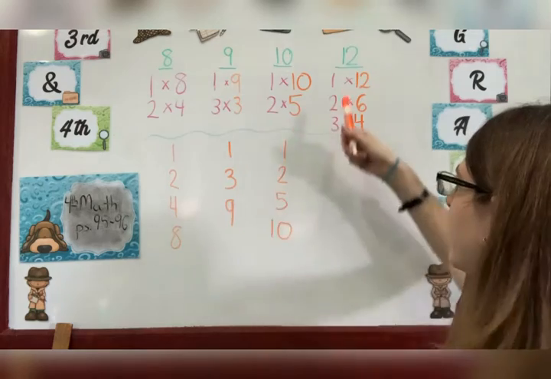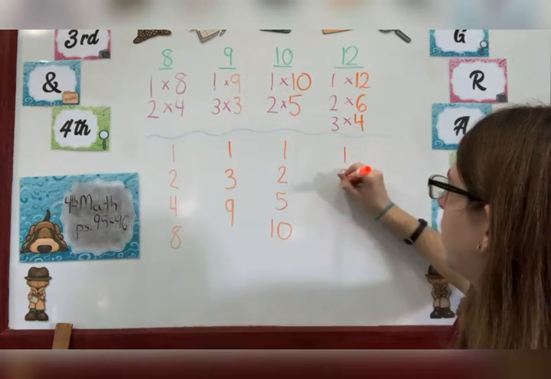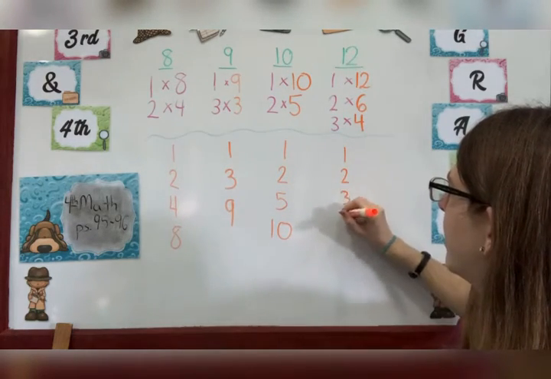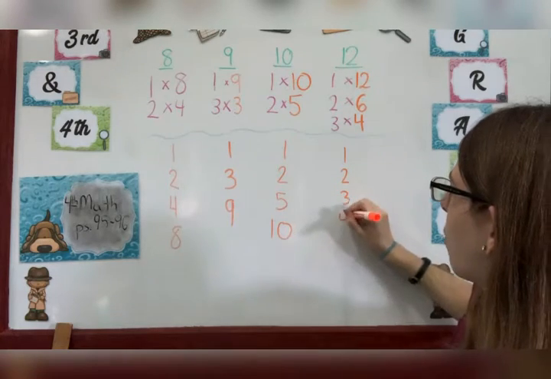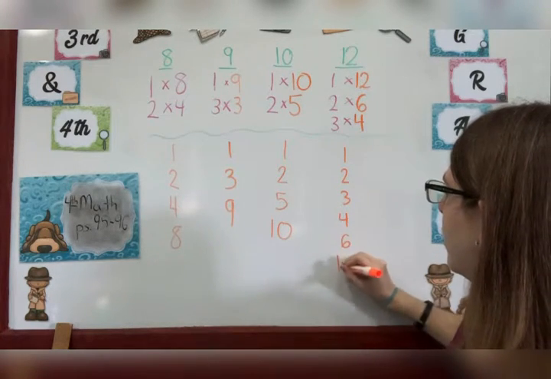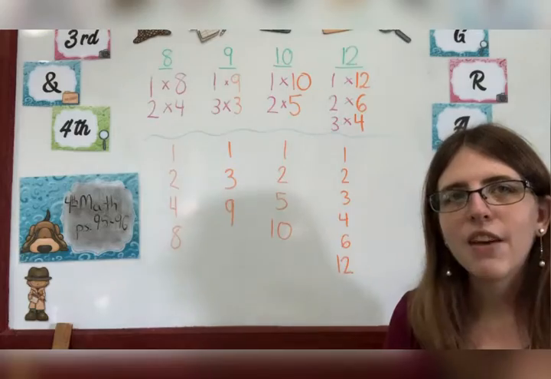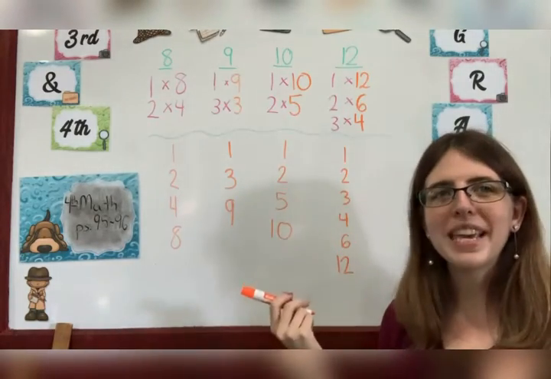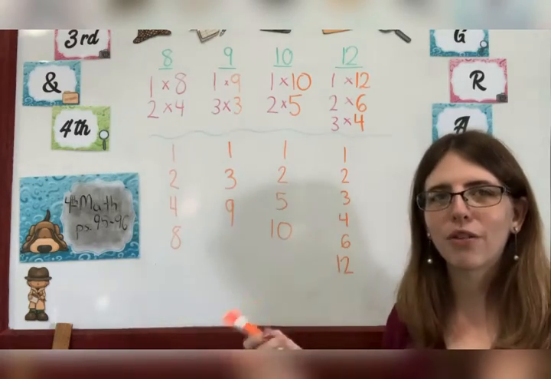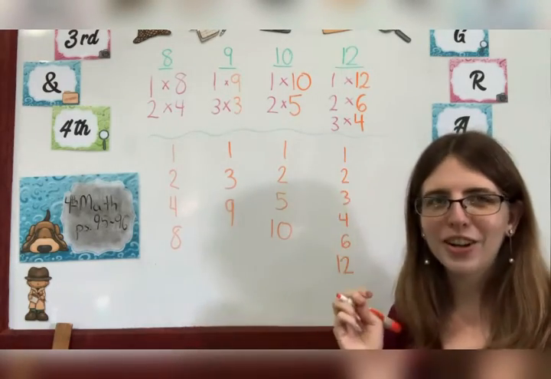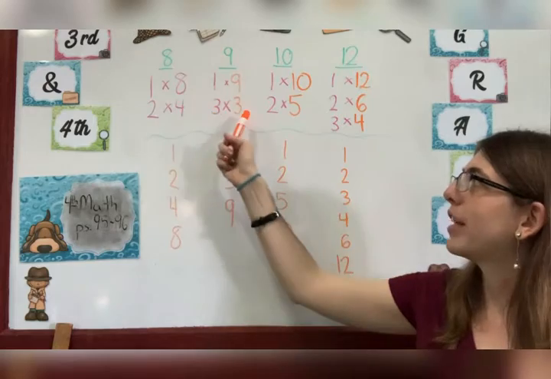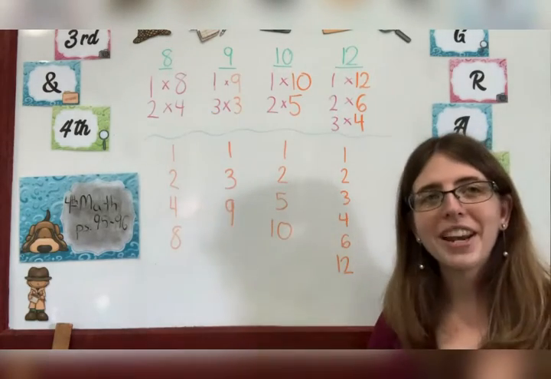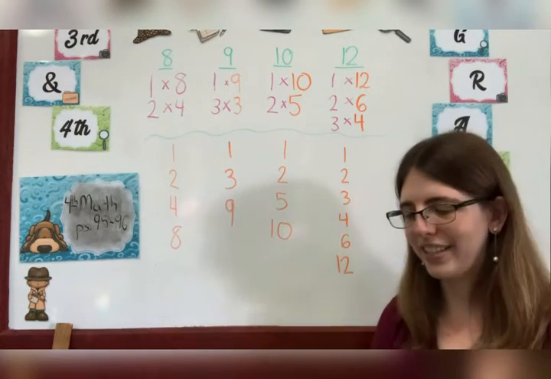Now 12. 1, 2, 3, up. 4, 6, 12. If you follow that pattern of going down and up, they'll always be in numerical order from smallest to largest. And if you ever come to a number that's repeated, just don't write it the second time. You only need it once.